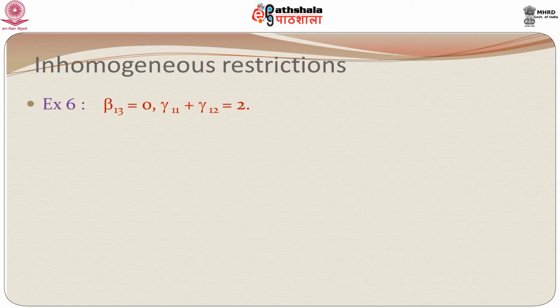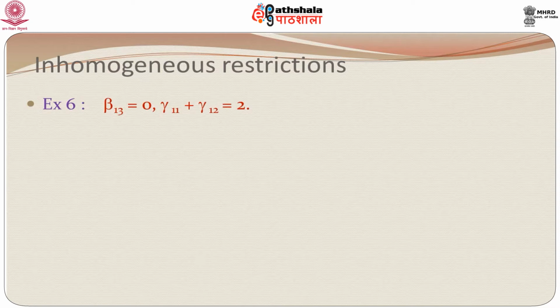This is the usual type of exclusion restriction that we have been using. But suppose in addition we have gamma 1 1 plus gamma 1 2 is equal to 2. Now, we have two restrictions. So, you know that the order condition would be satisfied, because in this case r should be equal to or greater than g minus 1, which is 3 minus 1 is 2. So, we already have two restrictions.